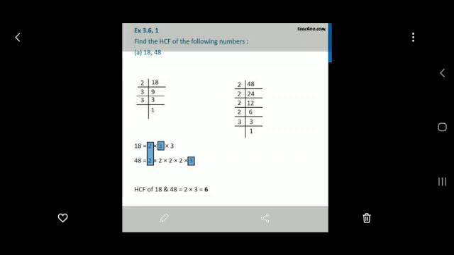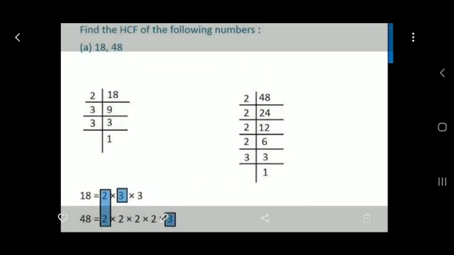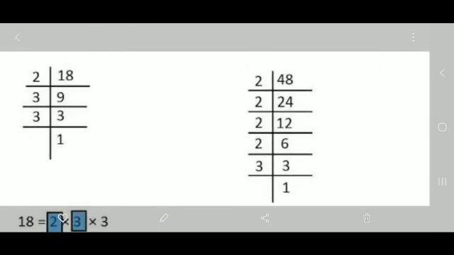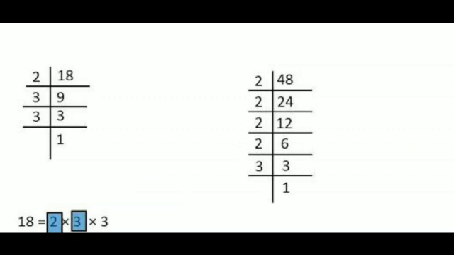Okay. How 18 and 24? I think that you can understand step by step. Dividing by 2 is easy. That is, you just take half. Okay.